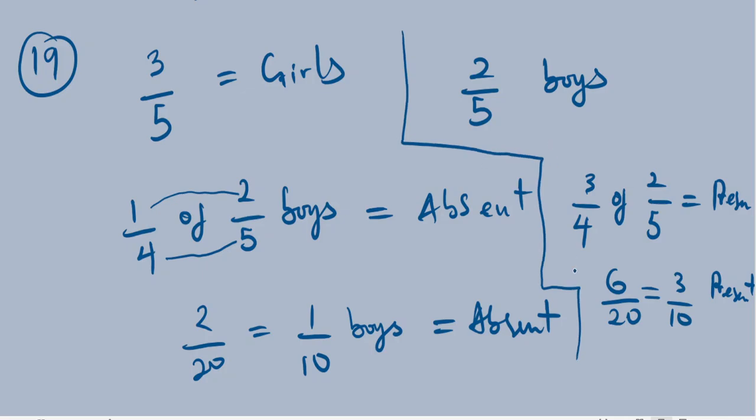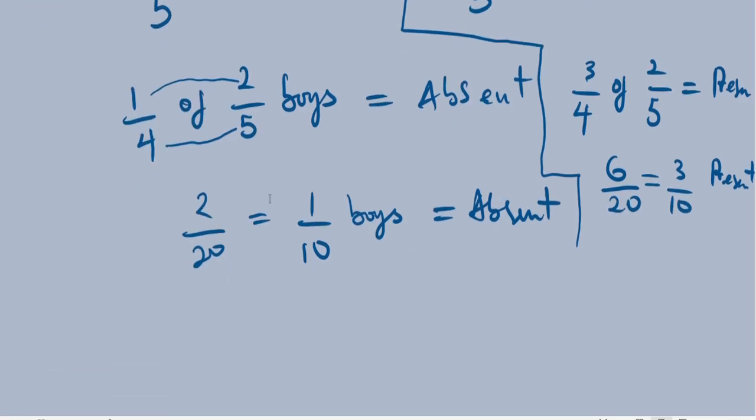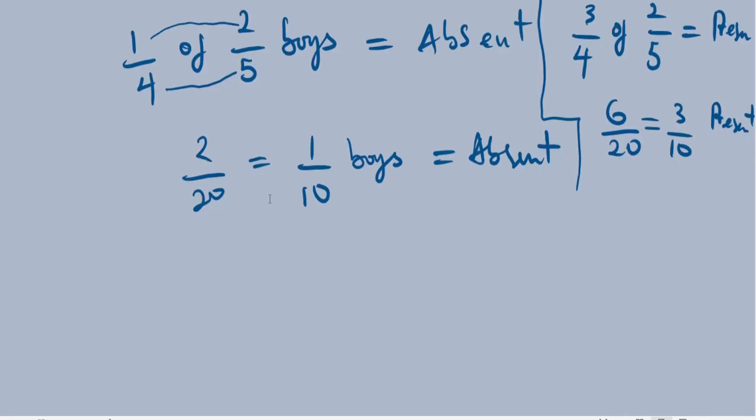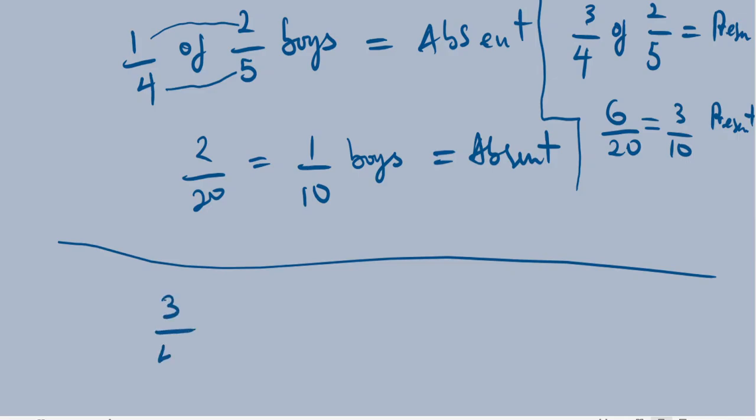So 6 over 20 of the whole class were present, which are boys. Now they said there were 9 boys present. How many boys are in the class? In other words, what they are saying is that 9 boys were present, meaning that out of the total number of boys, 3 over 4 of the boys were present, and those that were present are just 9.